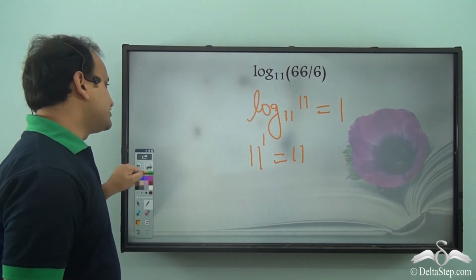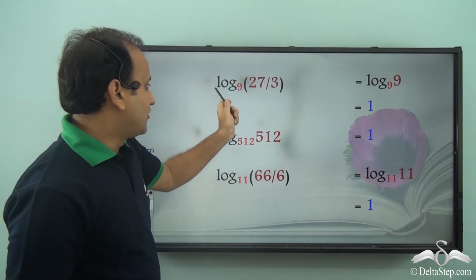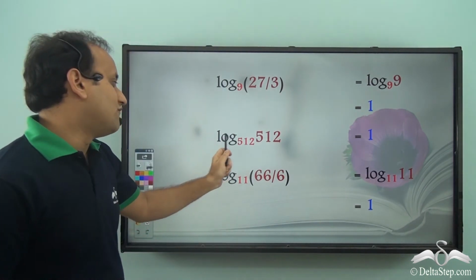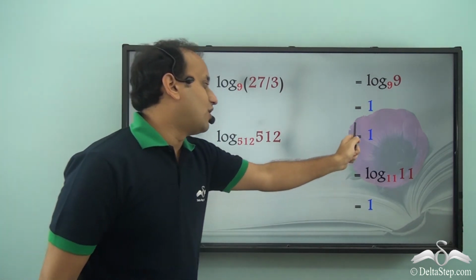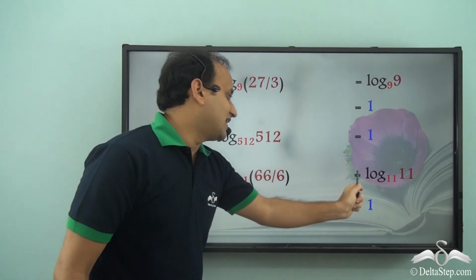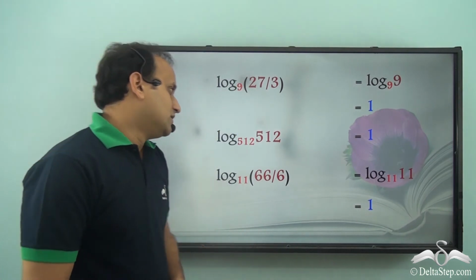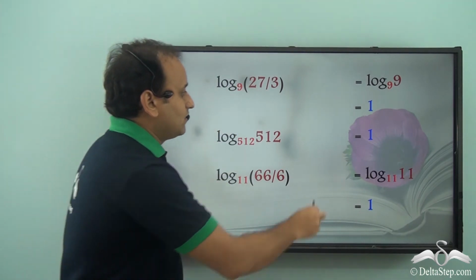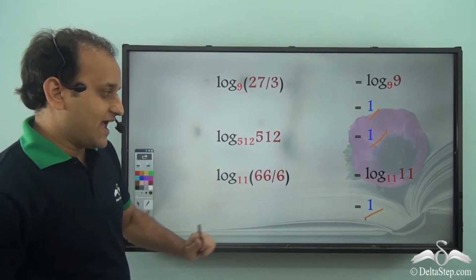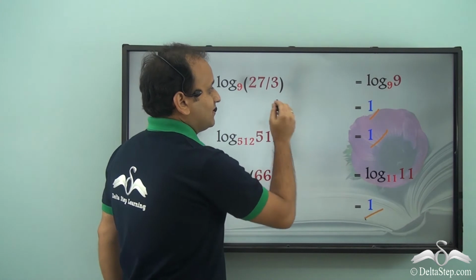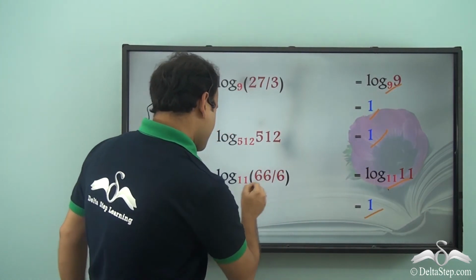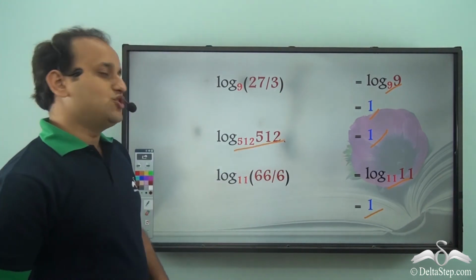So again we have three solutions, that is for log of 27 by 3 to the base 9 we got 1, log of 512 to the base 512 we got 1, and log of 66 by 6 to the base 11 is again 1. So we see that finally all these equations have the same answer, the same exponent, and every time we have the same base and same argument.